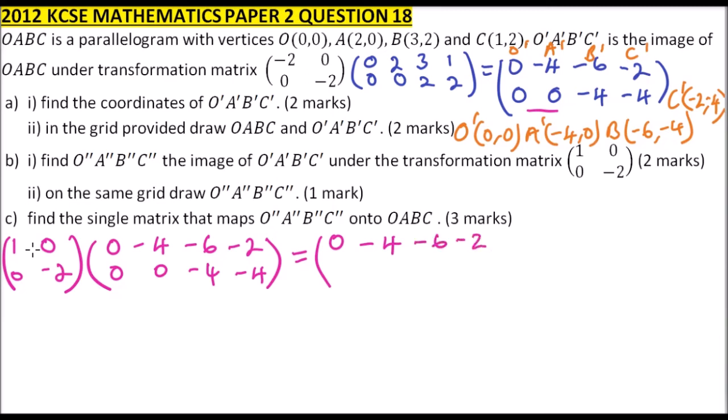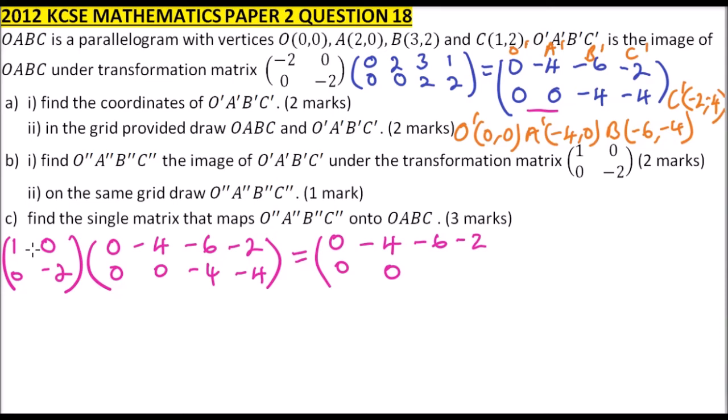The other one is 0 times 0, it becomes 0. This is 0 times 4, that will also be 0. This is minus 2 times 6, that is 12. And this is plus 2 times 4, that is 8.